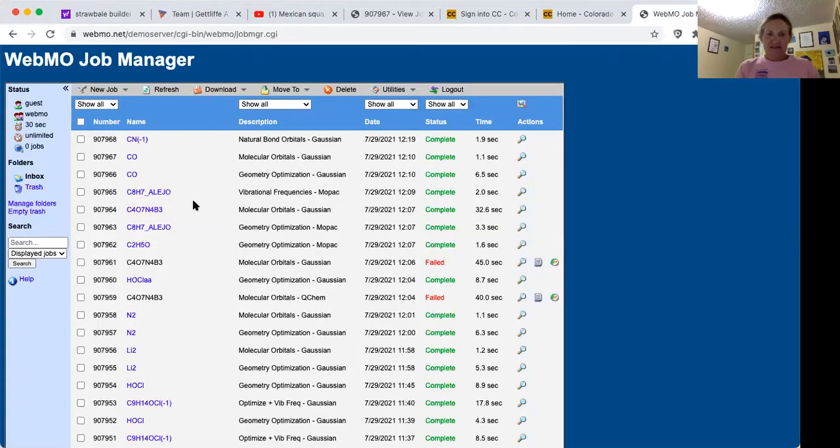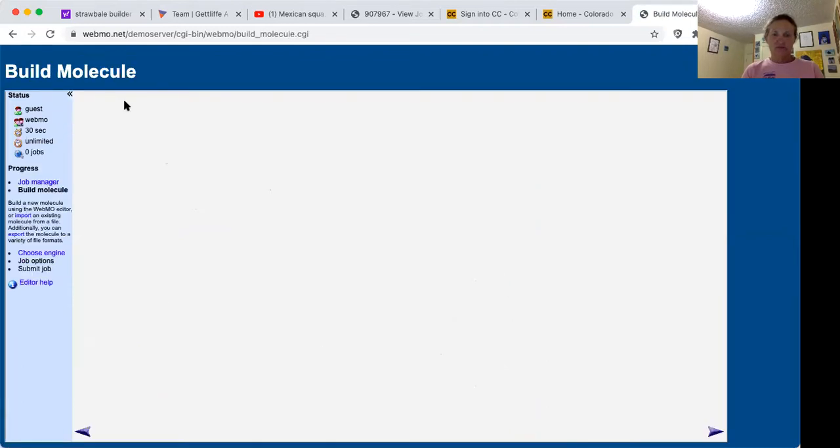So if you ever wanted to do this, I'll show you in a second. Just go to WebMO and sign in as a guest. And I'll share again. And let's just make a molecule. So let's create the molecular orbital diagram for nitrogen.